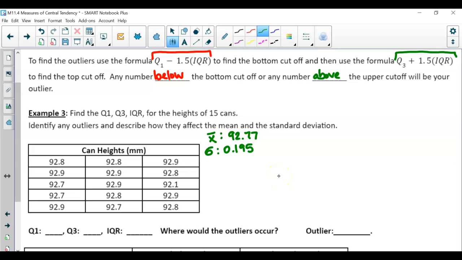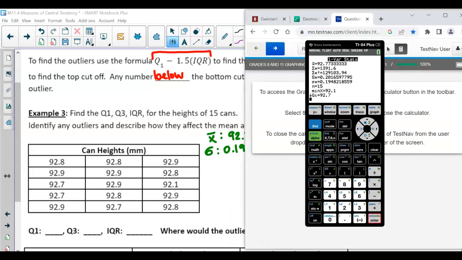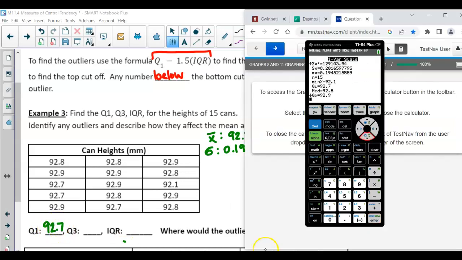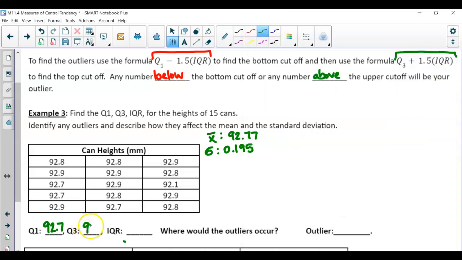But remember, we need quartile 1 and 3 to identify what is the IQR. So quartile 1 right here, 92.7. Then quartile 3, so arrow down to get to the Q3, 92.9. So that means when you subtract these two values, the IQR is 0.2.